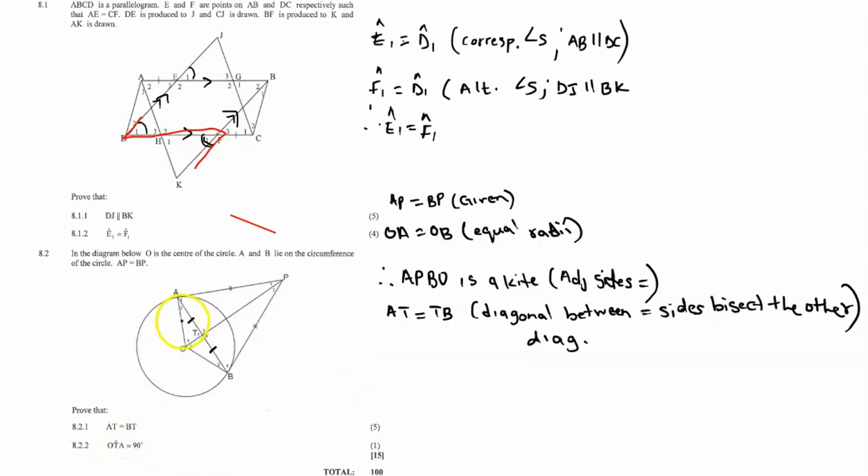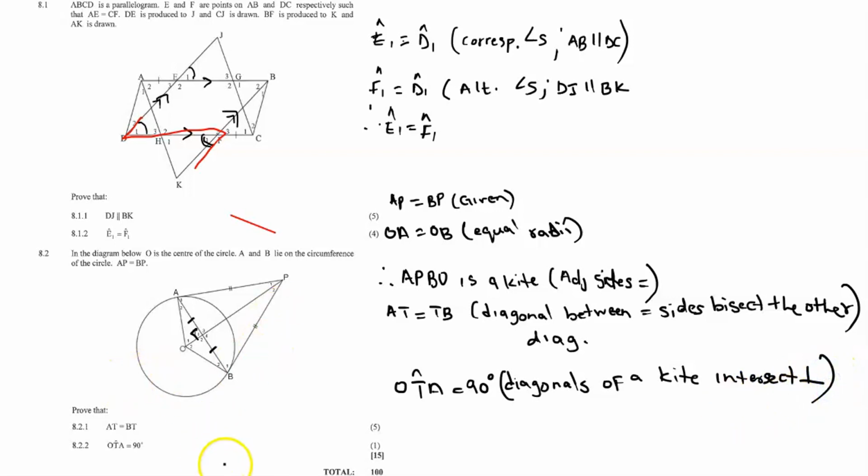Then they say prove that angle OTA is equal to 90 degrees. Now since we know that APBO is a kite, then we know that the diagonals intersect perpendicularly. So you can just say angle OTA equals 90 degrees because diagonals of a kite intersect perpendicularly. Then we're done like that.